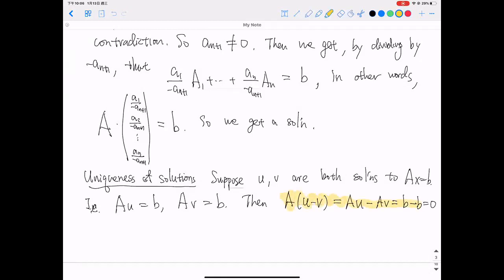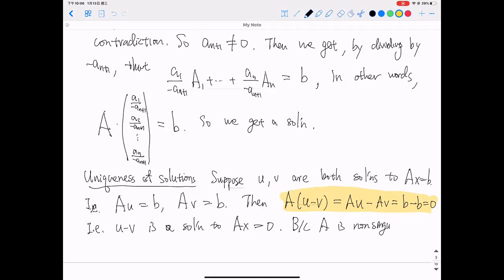So A times (u minus v) is 0. This means u minus v is a solution to the homogeneous system Ax equals 0. Because we assume that A is non-singular, the system Ax equals 0 has only the 0 solution.